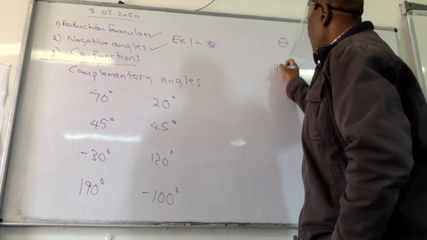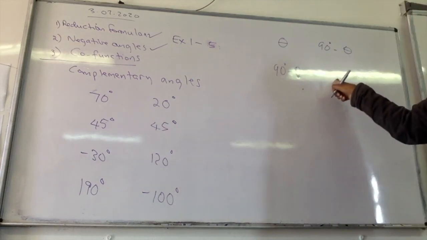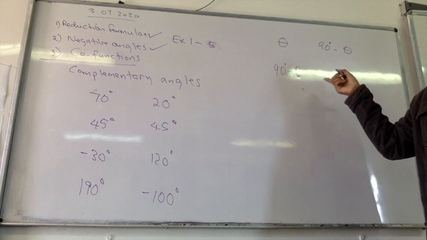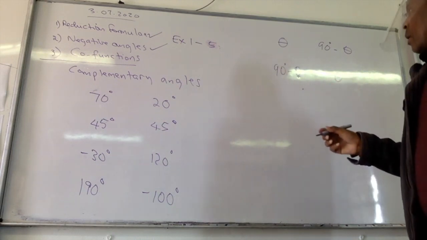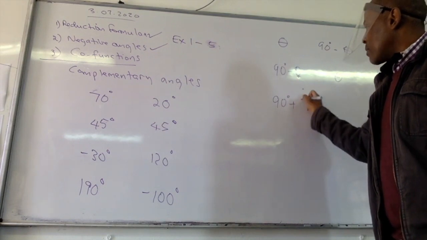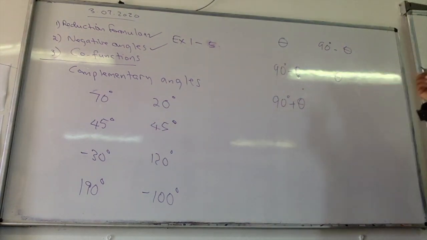So if the first one is 90 degrees minus theta, then what is this one? Then that one should be theta. Do you see that? Okay. So what about 90 plus theta? If one of them is 90 plus theta, then what is the other one?